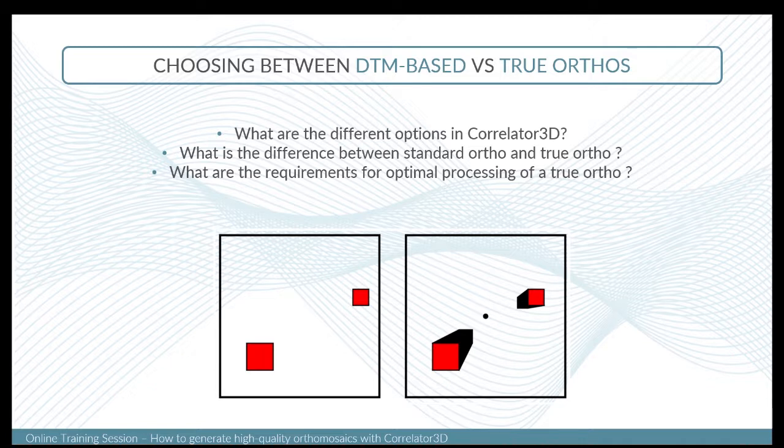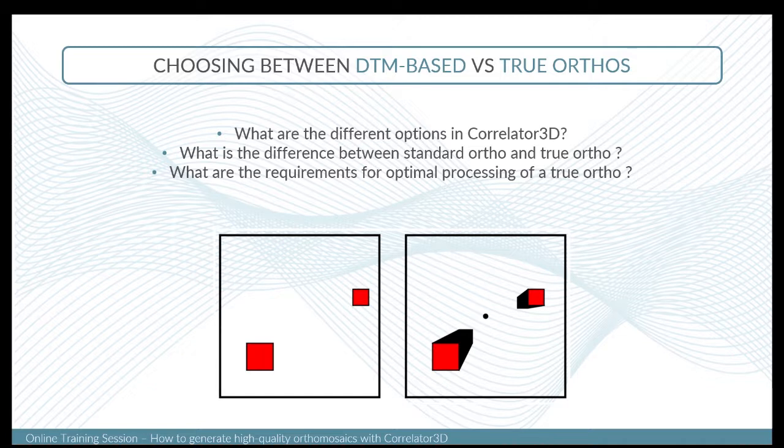What is the basic difference between doing a standard ortho and a true ortho? Well, the DTM ortho, because it's using a terrain model where you won't have any building or trees, will only correct the deformation on the terrain itself.